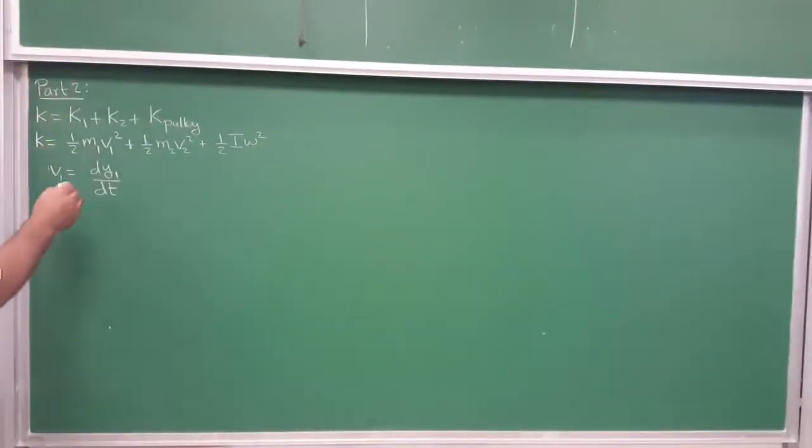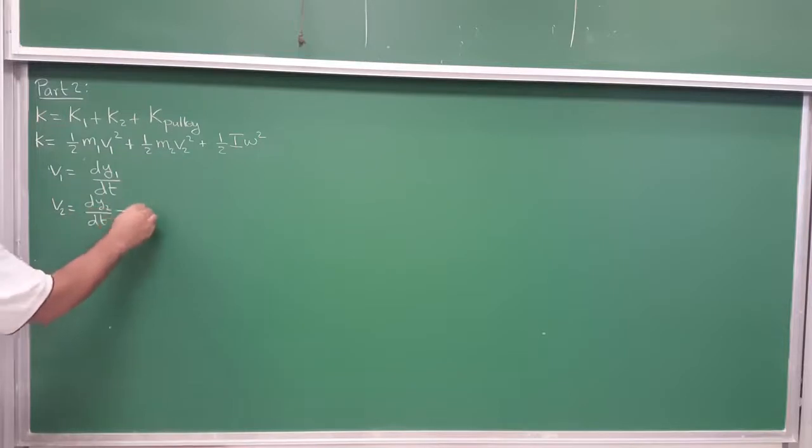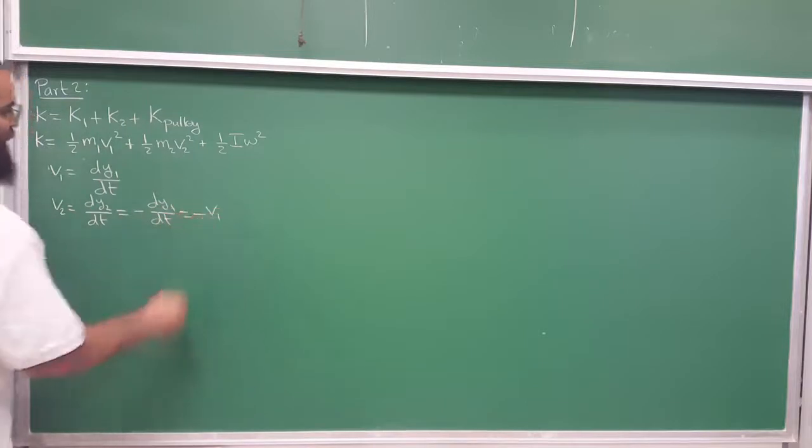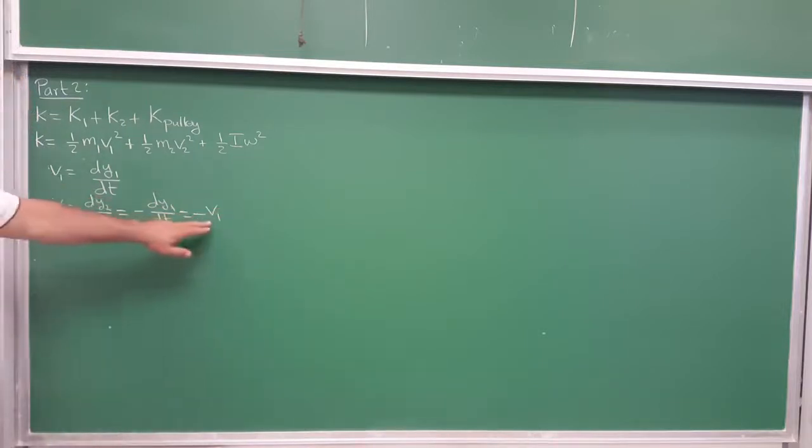And v2 will equal dy2 dt, and that's equal to negative dy1 dt, which is equal to negative v1. So I'm going to write that as negative v1 here.